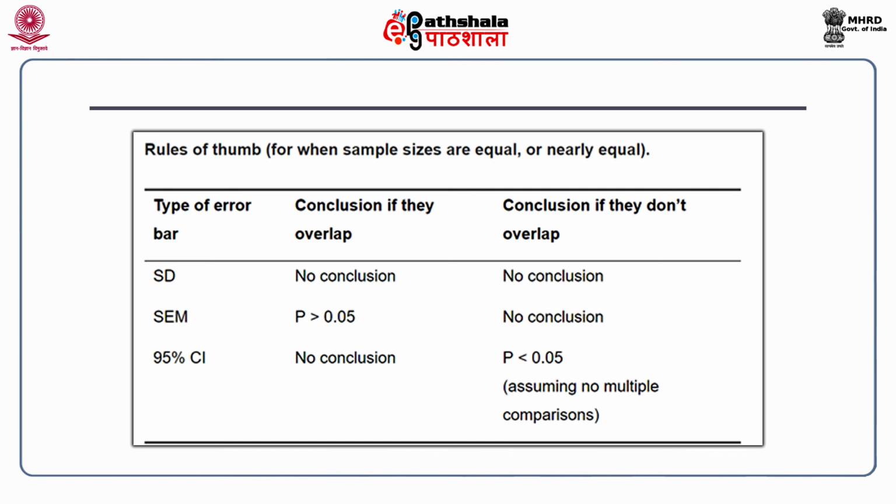If there is no such multiple comparison problem, then if the two 95% CI ranges, that is basically the error bars of a graph, do not overlap, you can say that the p-value should be less than 0.05. Why 0.05? It's because you are calculating a 95% CI, so that is the connection.